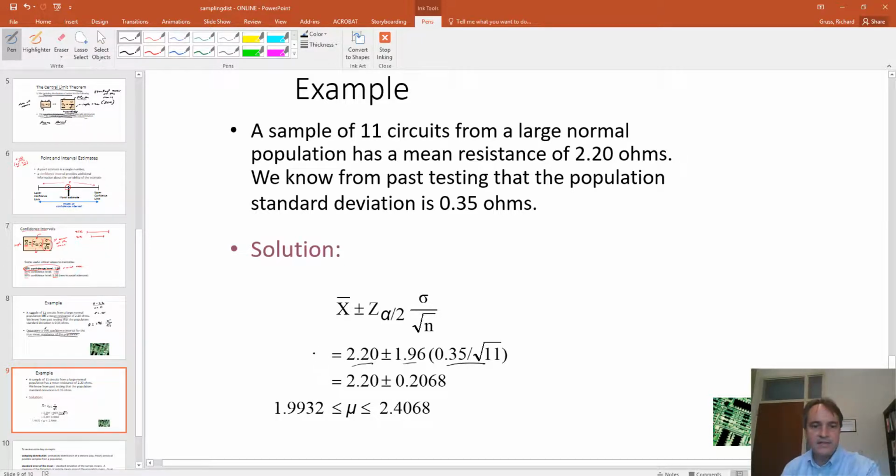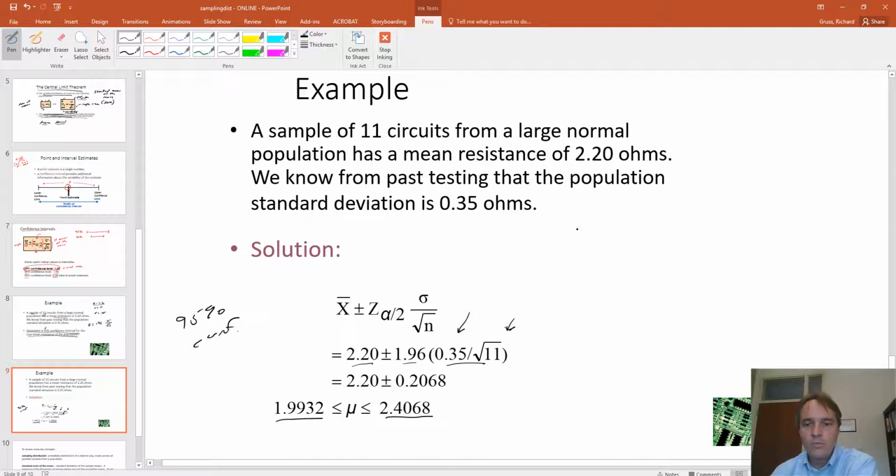What this tells us is that even though our sample showed 2.2, we can be 95% confident that the mean of the entire set is somewhere between 1.99 and 2.4. If we had a smaller population standard deviation or a larger sample, we would have had a narrower confidence interval.